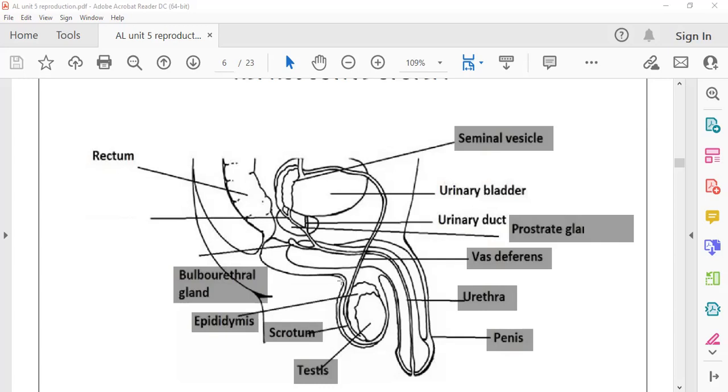Epididymis, scrotum, testis, penis, urethra, vas deferens, prostate gland, seminal vesicle, bulbourethral gland.